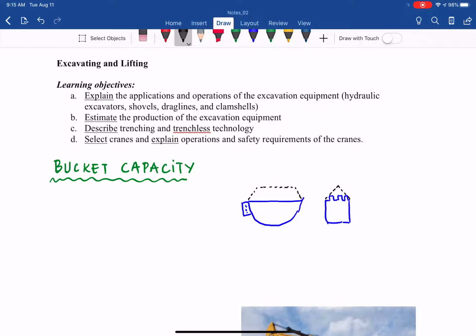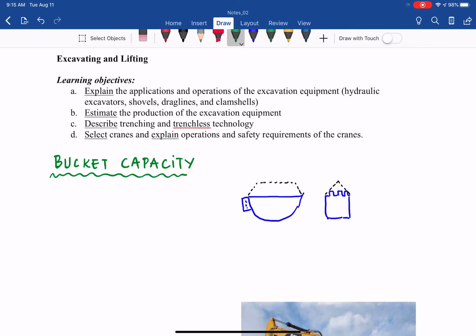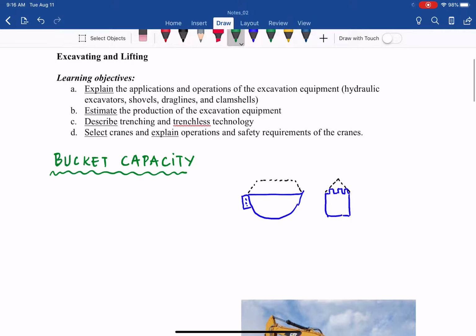So the volume of the struck volume, which is defined by the bucket capacity when the load is struck off flush with the bucket size, so that we call VS, struck volume.